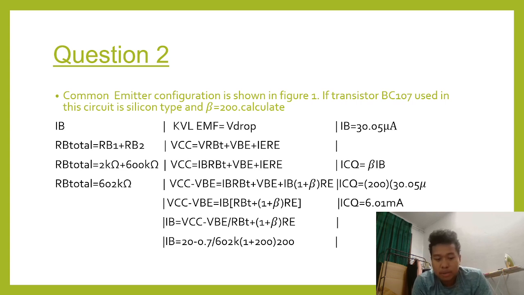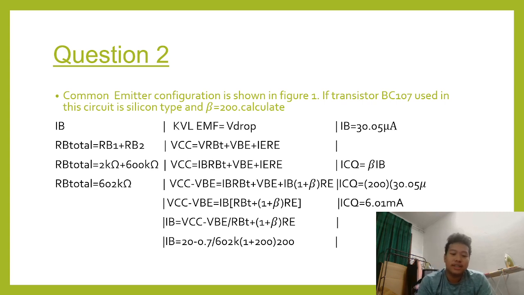By KVL, EMF is equal to voltage drop. So VCC is equal to VRB plus VBE plus IERE. VCC is equal to IBRB plus VBE plus IERE. VCC minus VBE equals IB RB total plus IB times (1 plus beta) RE.